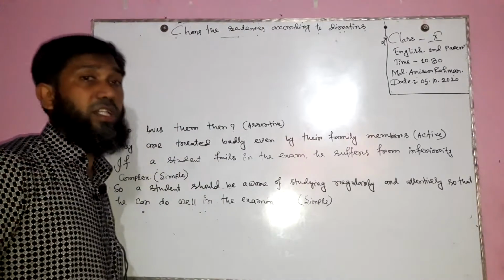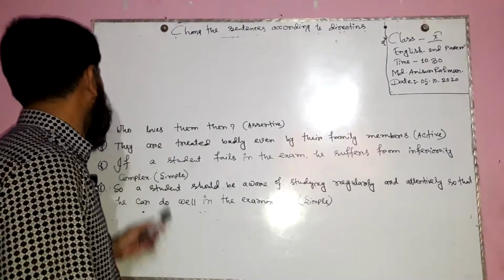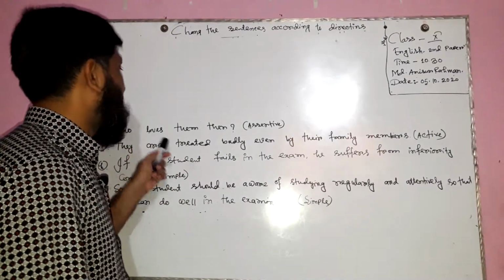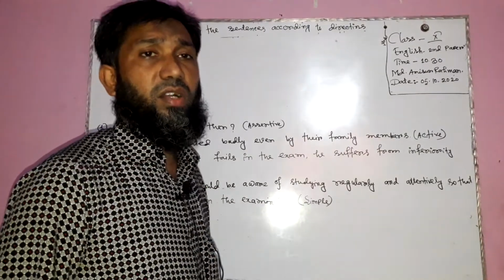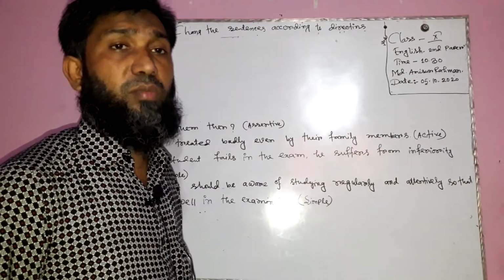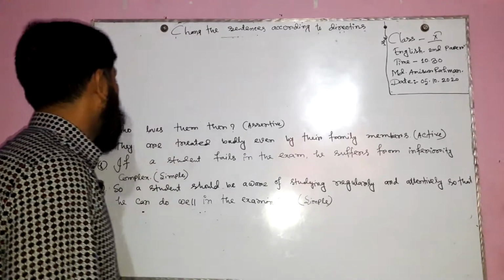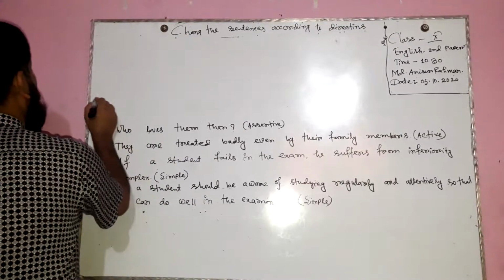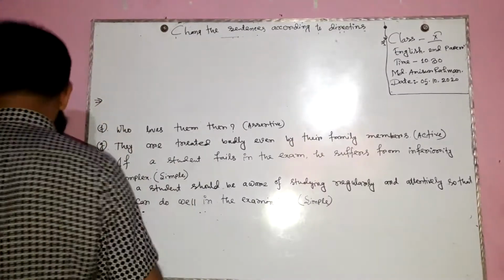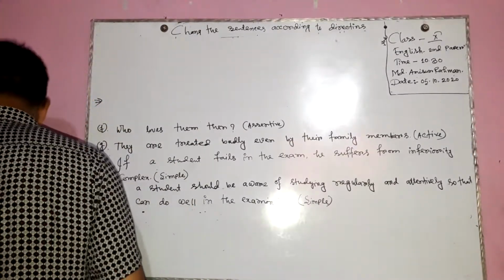I mean interrogative to assertive. This also is present indefinite tense. This sentence is written on the board with the help of present indefinite tense. So now we will try to solve this, to make this sentence assertive.